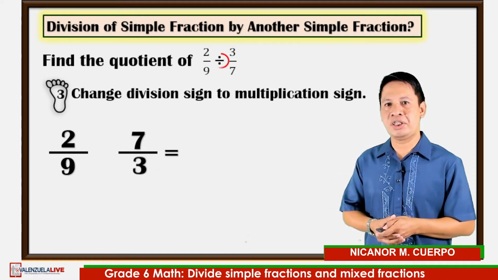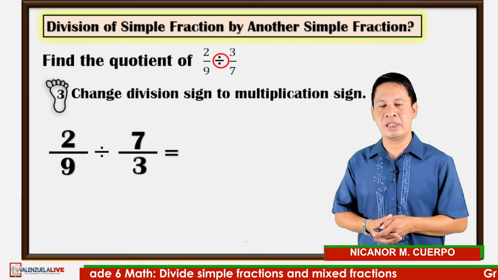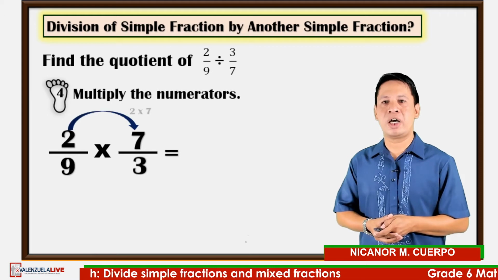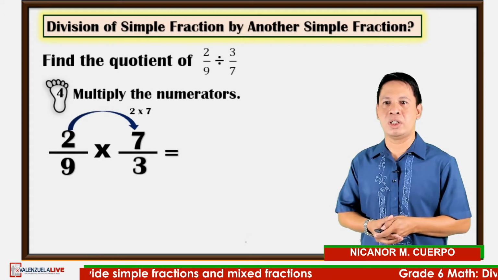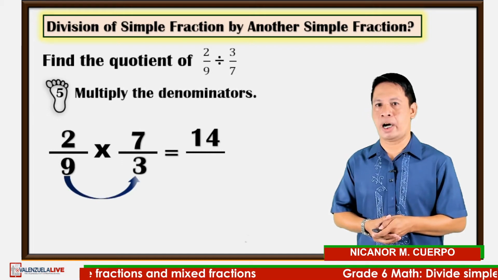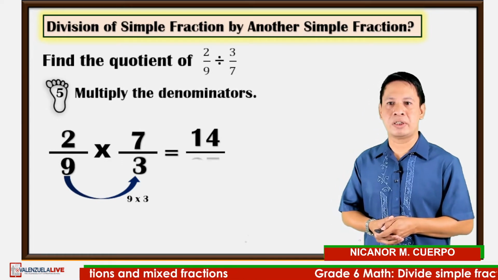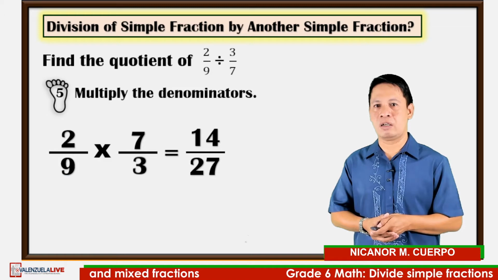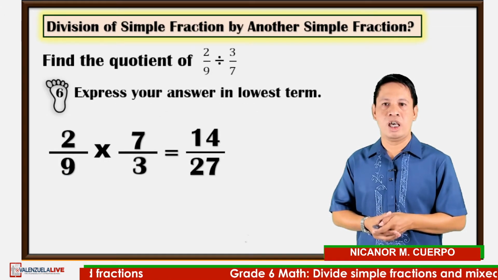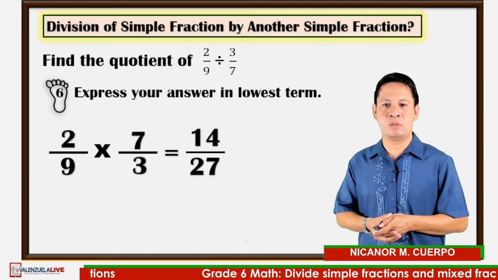Step 3, change the division sign to a multiplication sign. Step 4, multiply the numerators. 2 times 7 equals 14. Step 5, multiply the denominators. 9 times 3 equals 27. Express your answer in lowest terms.